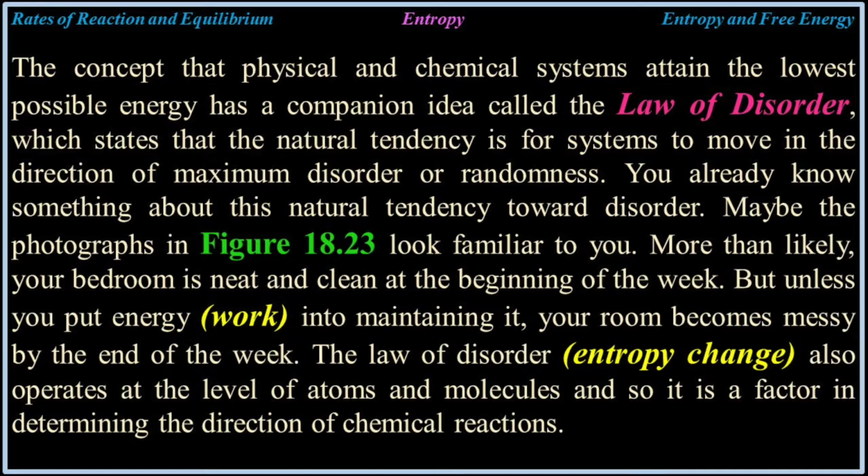Maybe the photographs in figure 18.23 look familiar to you. More than likely, your bedroom is neat and clean at the beginning of the week, but unless you put energy, work, into maintaining it, your room becomes messy by the end of the week. The law of disorder, entropy change, also operates at the level of atoms and molecules, and so it is a factor in determining the direction of chemical reactions.